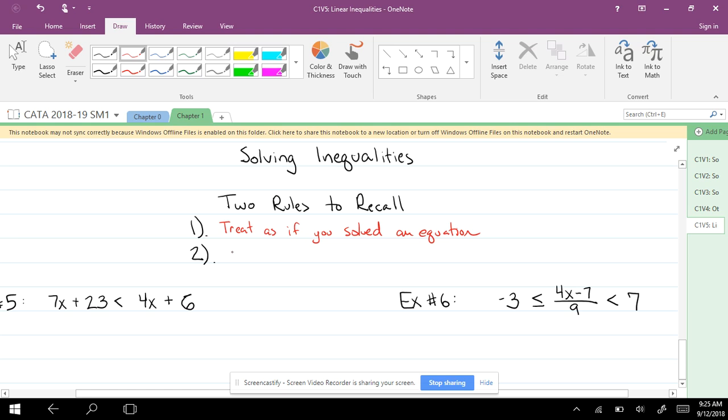Second rule, switch the inequality sign when multiplying or dividing by a negative number.